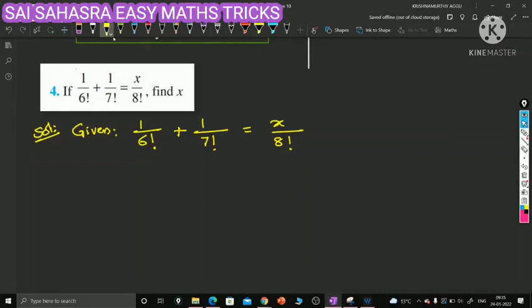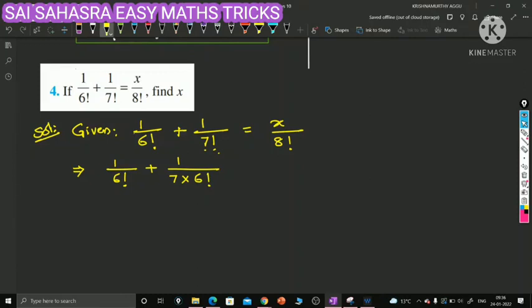Our intention is to find the value of x. My suggestion for you: equal implies 1 by 6 factorial, you keep like that only, plus 1 by 7 factorial, you write it as 7 into 6 factorial. Can you write it like that?